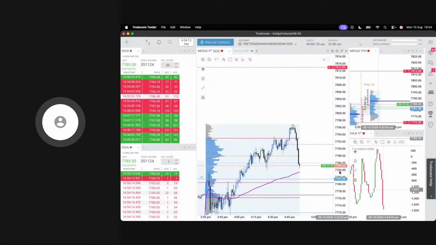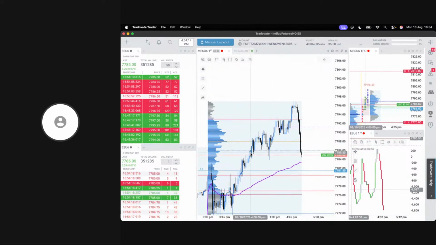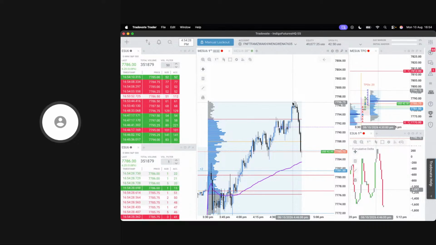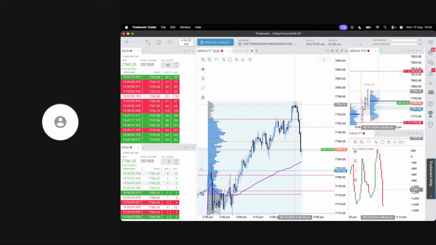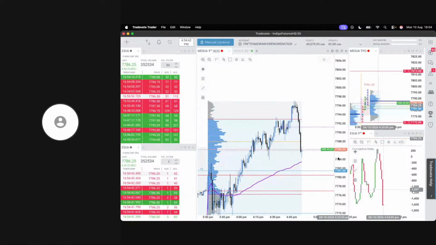Back all the way down to overnight value. Hey, it took us almost an hour to get from here to the top of that, and then 8 minutes to get back to it. So that kind of sucks.